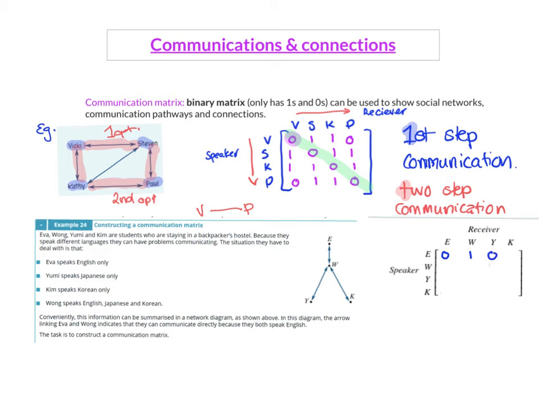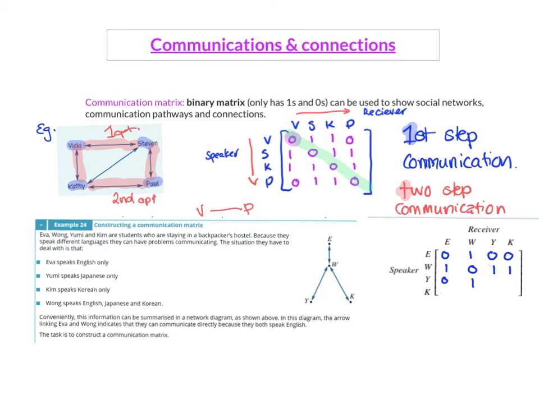Eva can't go to Yummy or Kim directly, so she can't talk to them straight up. Wong to Eva can, Wong to Wong won't do it themselves, Wong to Yummy, yes, and Wong to Kim, yes. Yummy to Eva, can that happen? No.